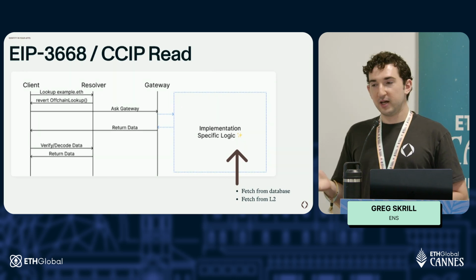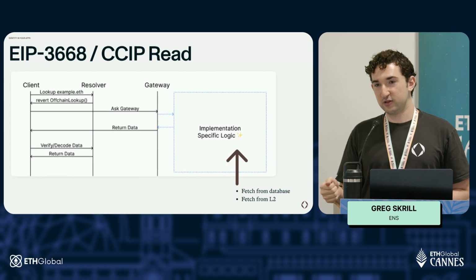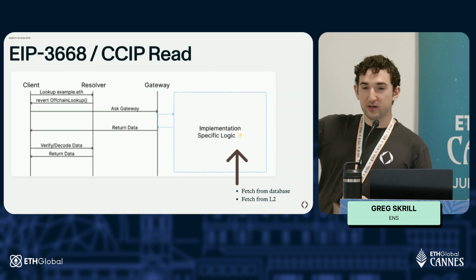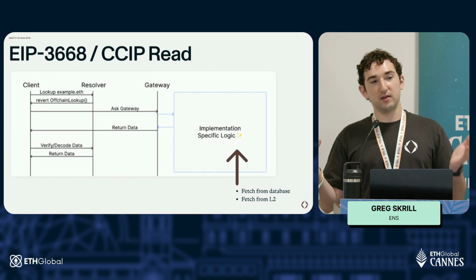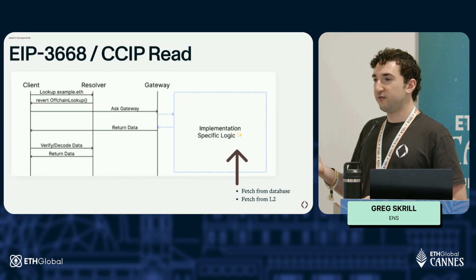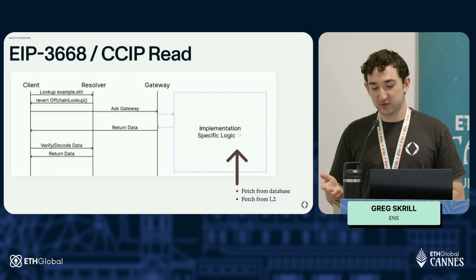So CCIP read basically defers the resolution of a name to some other data source. And that can be a database, it can be a layer 2, like the base chain in this case, and so on. So this is how you have flexible L2 subnames with ENS.